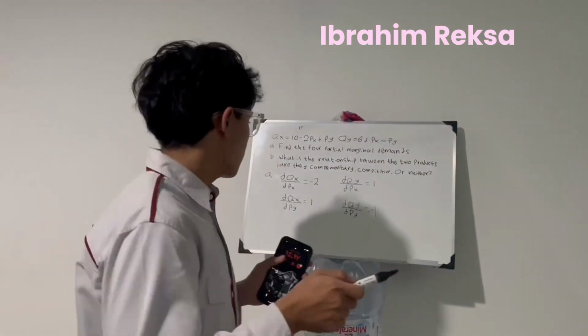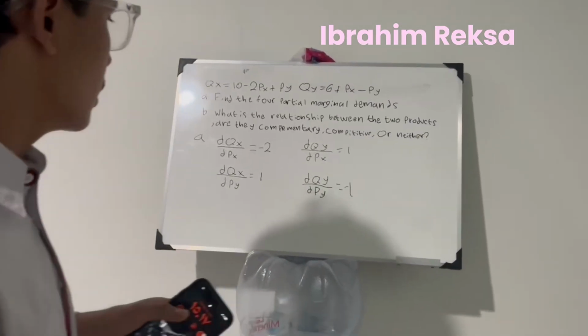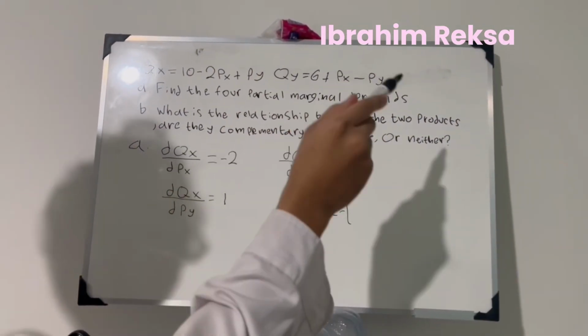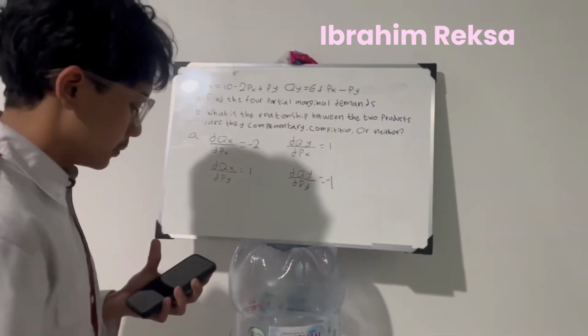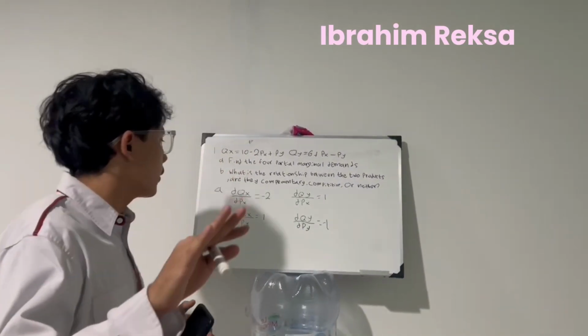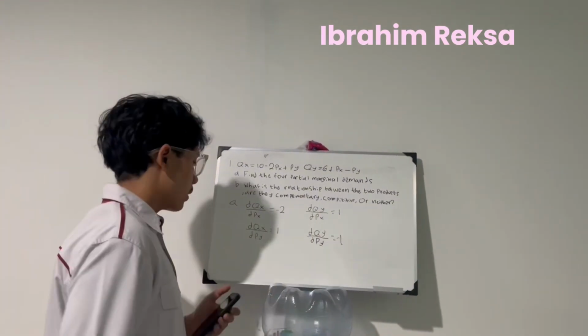Next we're going to answer question B. What is the relationship between the two products? Are they complementary, competitive, or neither? Pause. Sorry guys, I forgot to explain what each of these things means.